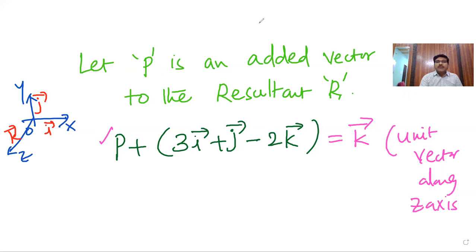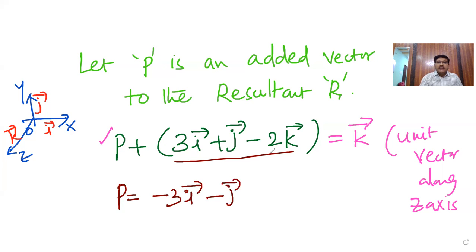Now, if I simplify this, finally, P: I am taking this entire term to this side. So minus 3i bar minus j bar, minus 2k goes to this side, plus 3k.